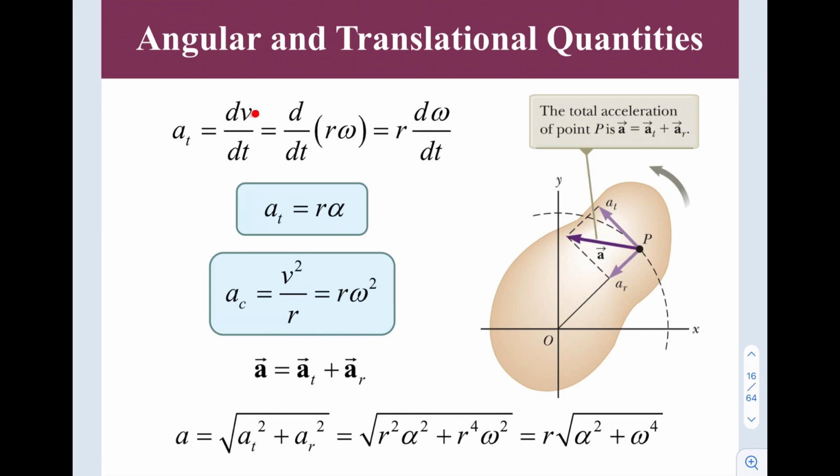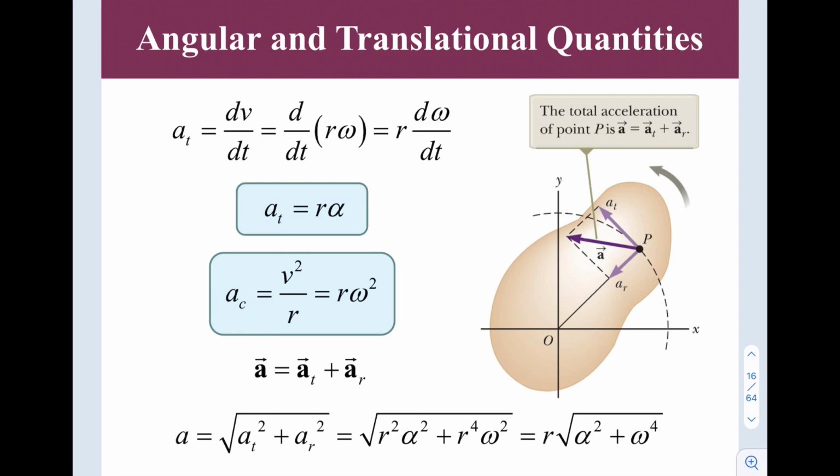Now, if we have a change in v with respect to the time taken to have that change, the rate of change of v is equal to at, tangential acceleration. So tangential acceleration is a linear or translational quantity. v itself is equal to r omega, so we will have d r omega over dt.